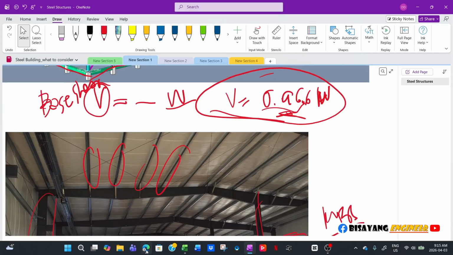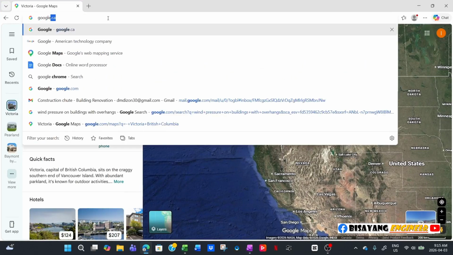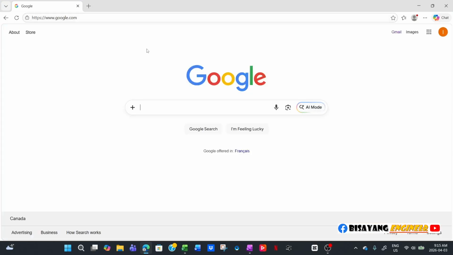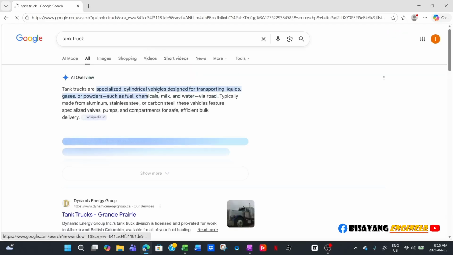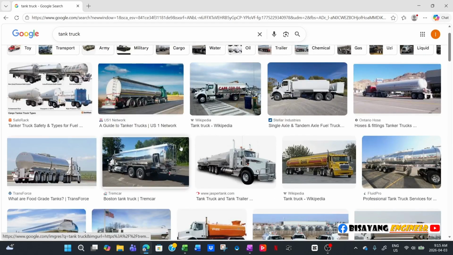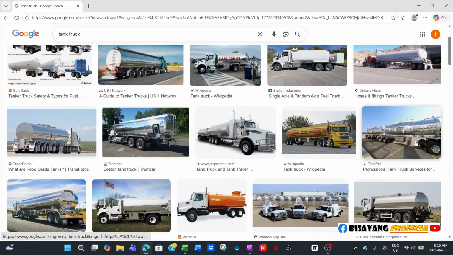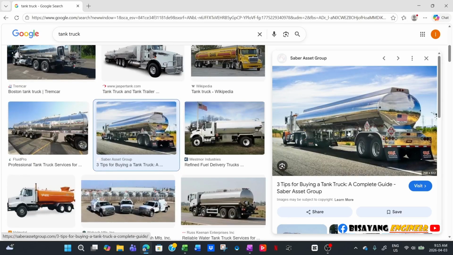So imagine if you have trucks coming in and out of your shop or building like this one, that's really heavy.